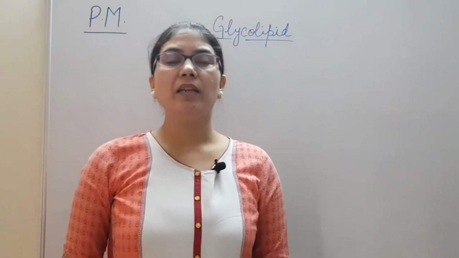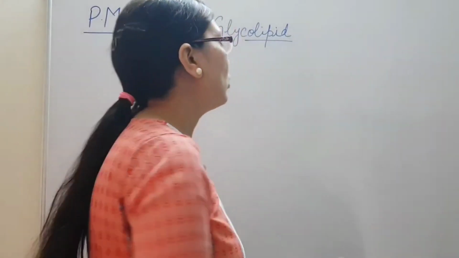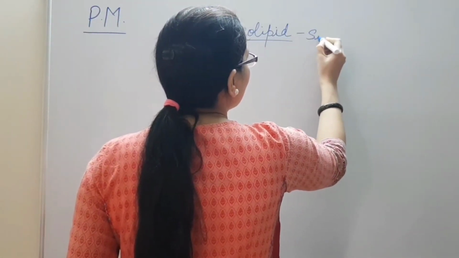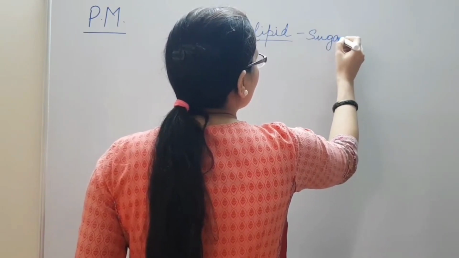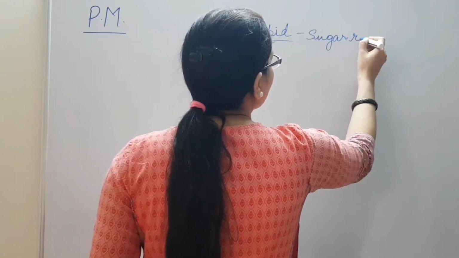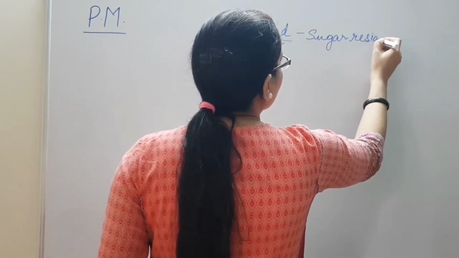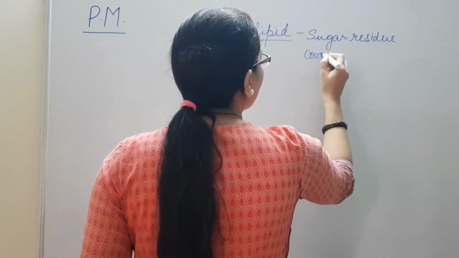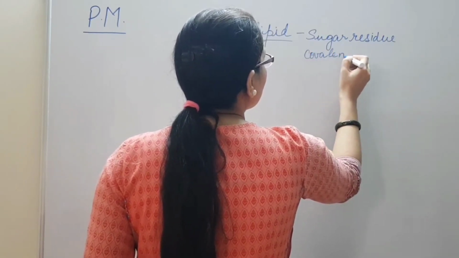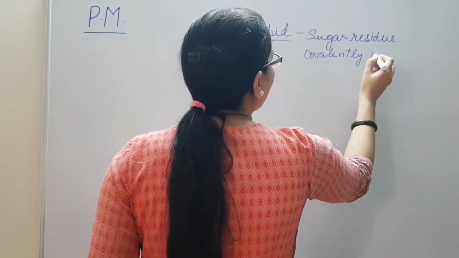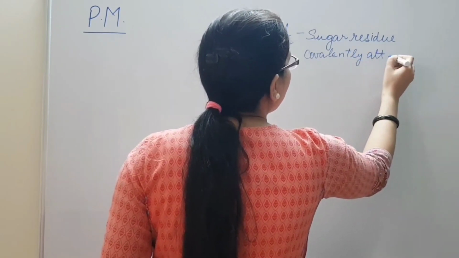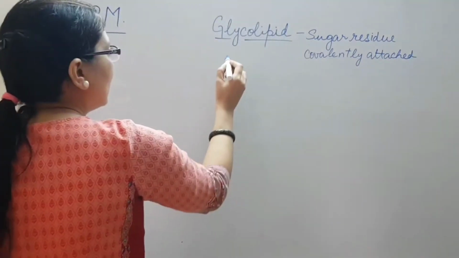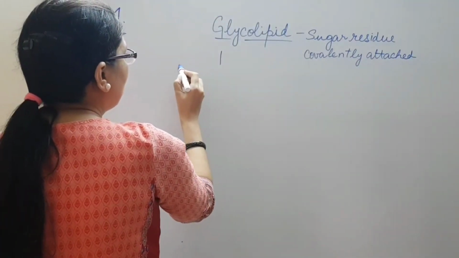The second type of lipid present in plasma membrane is the glycolipid, in which a sugar residue is covalently attached. Glycolipid is again of two types.